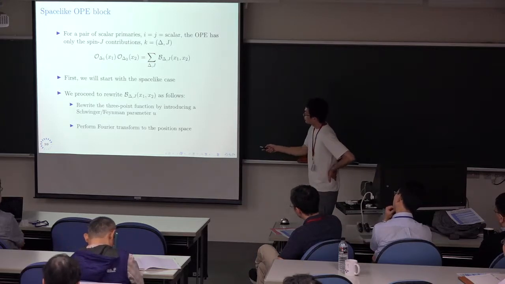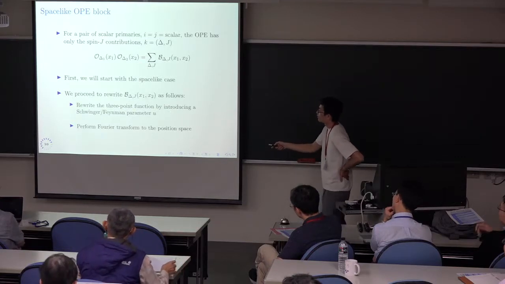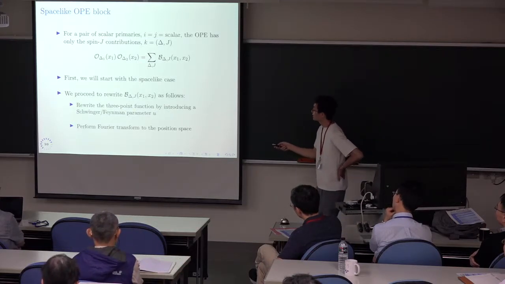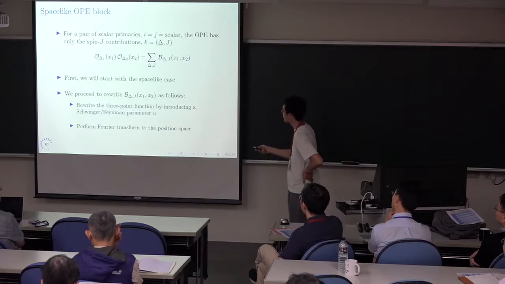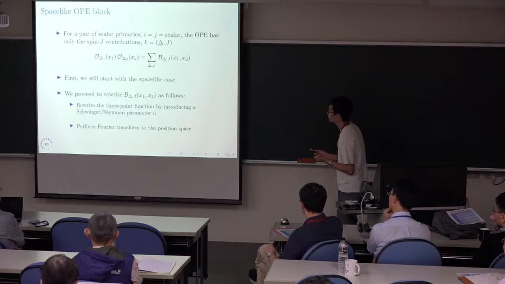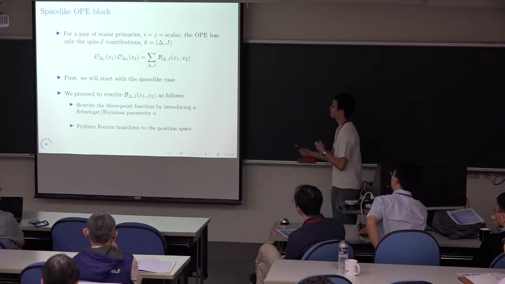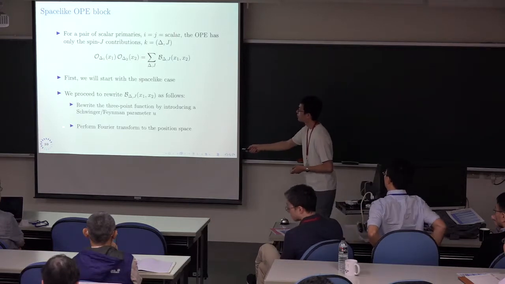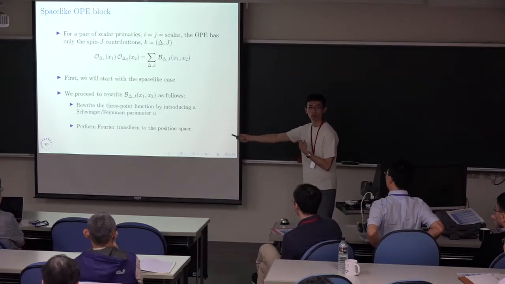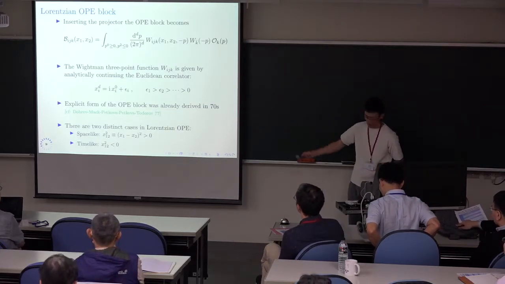You basically rewrite the three-point function by introducing Schwinger or Feynman parameters. Actually, this is equivalent to what you did in this part. So you rewrite the three-point function by introducing a Schwinger parameter. After some math, you perform the Fourier transformation to go back to the position space, because the projector was written in momentum space.